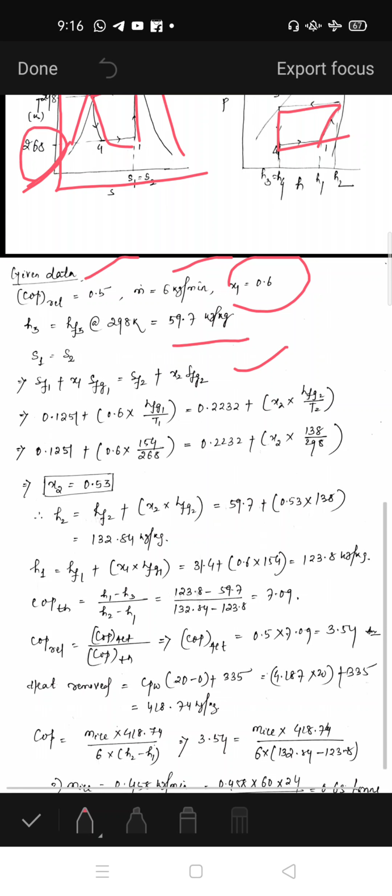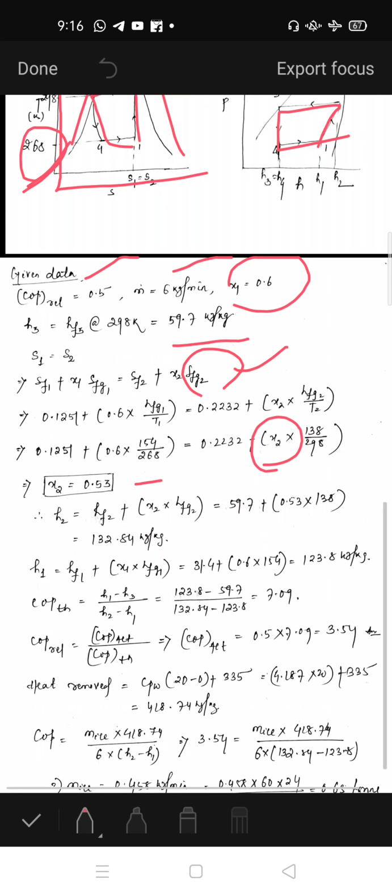The corresponding temperature is 268, and at 2, means the higher temperature, 298 Kelvin, note down all the corresponding data of SF2 and HFG2 and T2. Here also SFG2 can be converted into HFG2 by T2. All data are given except X2. You can find the value of X2 by solving the equation, and X2 will be 0.53.